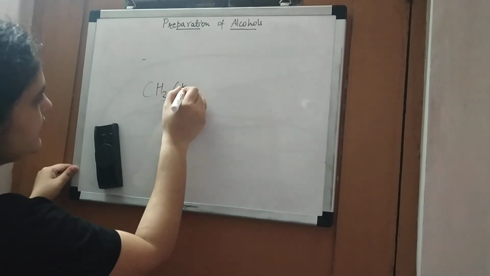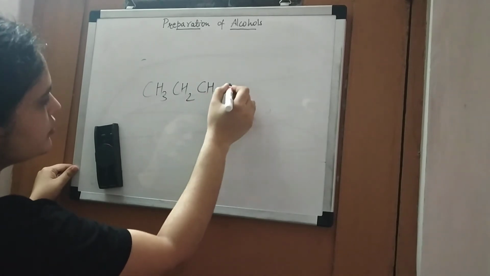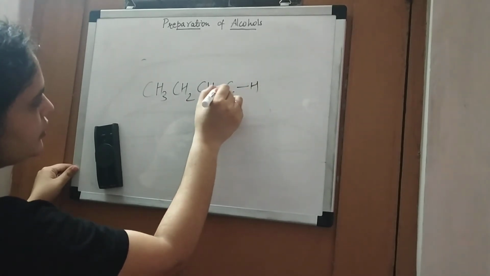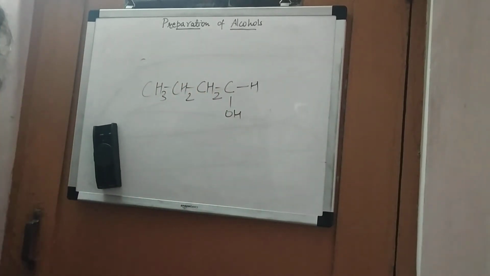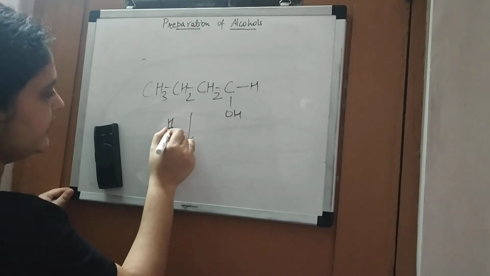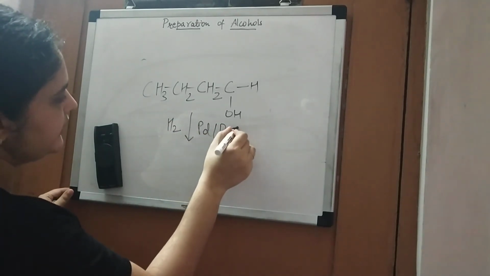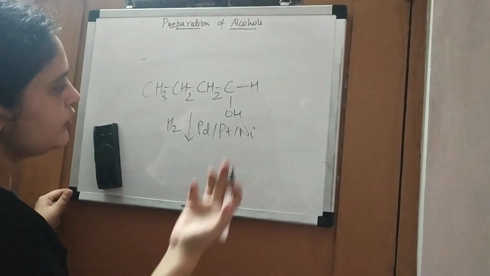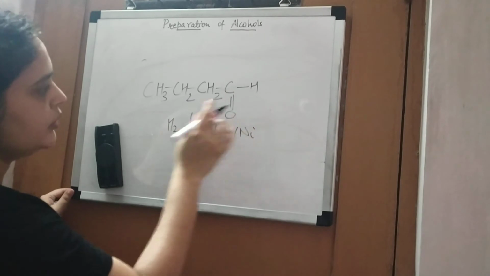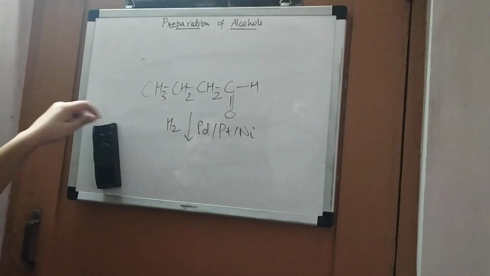CH3, CH2, CH2, CHO. So if you do catalytic hydrogenation, which means that you are adding hydrogen and any one catalyst, palladium, platinum or nickel. Sorry, this is double bond O. So this is butanal, an aldehyde.